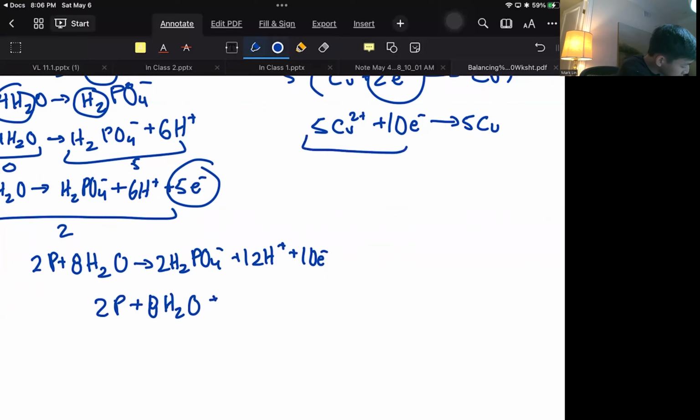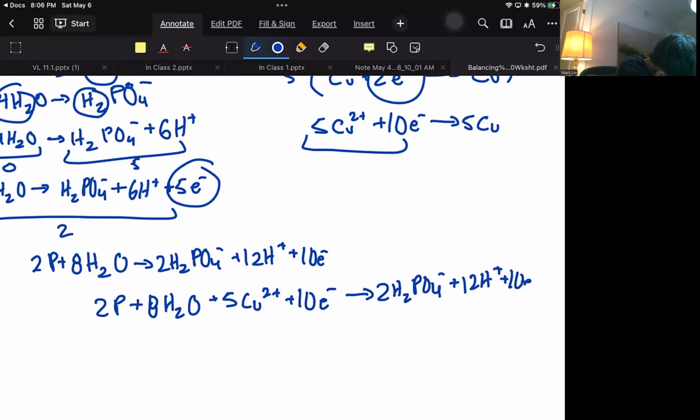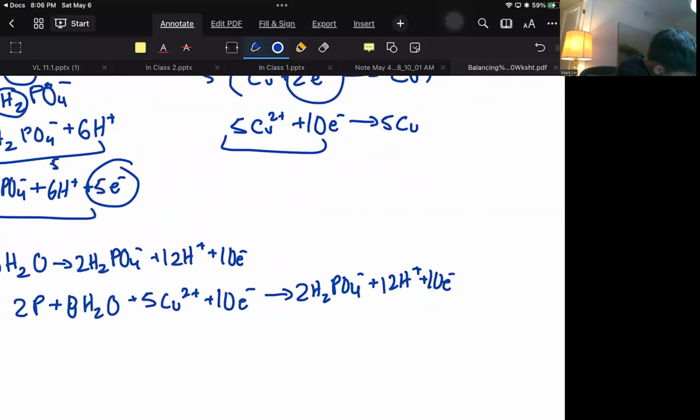We need to add the reactant side: plus 5 Cu2 plus, plus 10 electrons. Now onto the product side: 2 H2PO4 minus, plus 12 H plus, plus 10 electrons, plus 5 Cu.